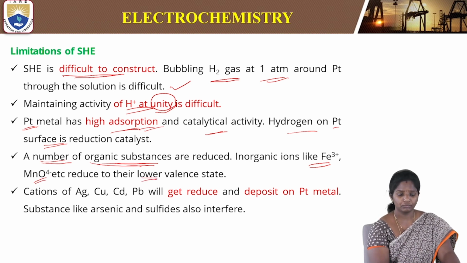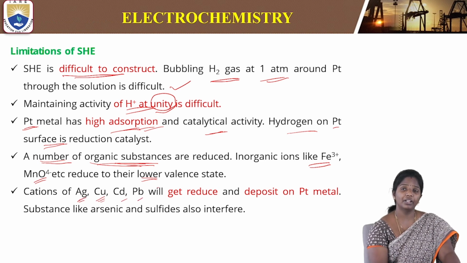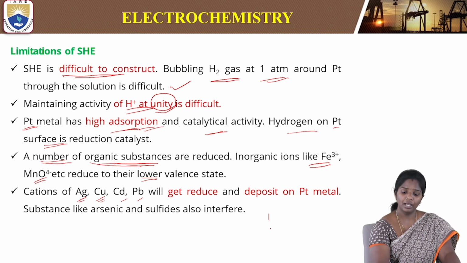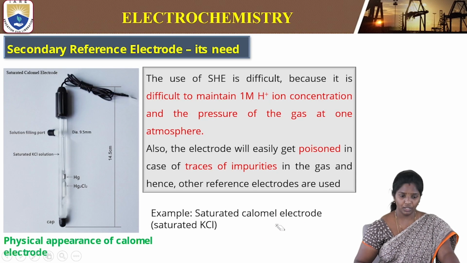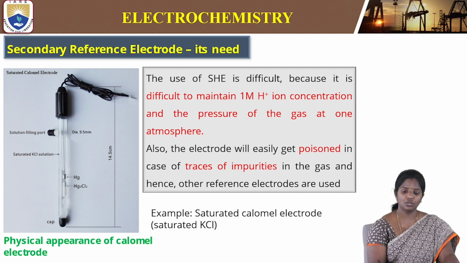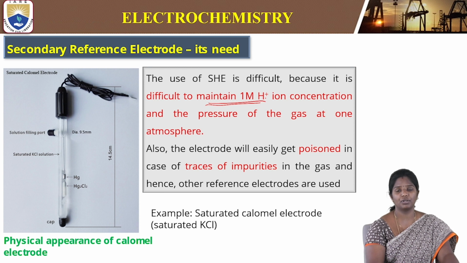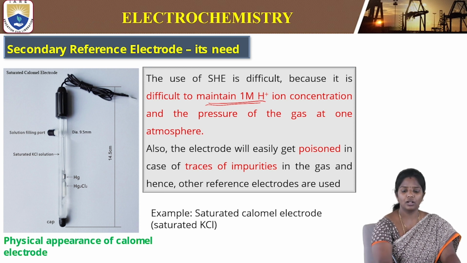The cations like silver, copper, cadmium and lead will get reduced and get deposited on the platinum metal. So there is interference taking place with the electrode. Due to this, there is a need for a next electrode, the secondary reference electrode, because there is difficulty in maintaining the concentration of H+ ions in the standard hydrogen electrode and also the pressure of the gas.